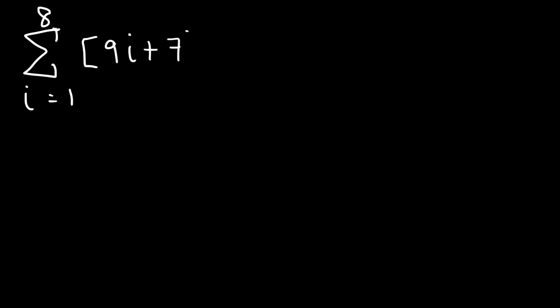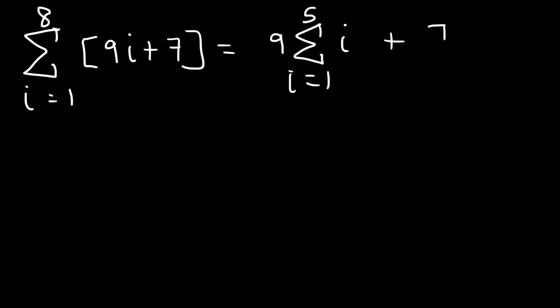Now for the sake of practice, go ahead and try this example. Feel free to pause the video if you want to try it. Let's say this is going to be 9i plus 7. So this is going to be 9 times the sigma notation for i, going from 1 to 5, plus the sigma notation for 7 as a constant.